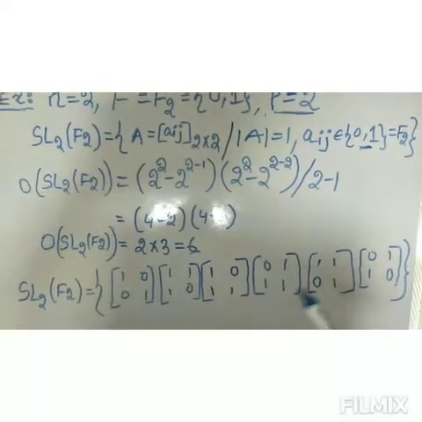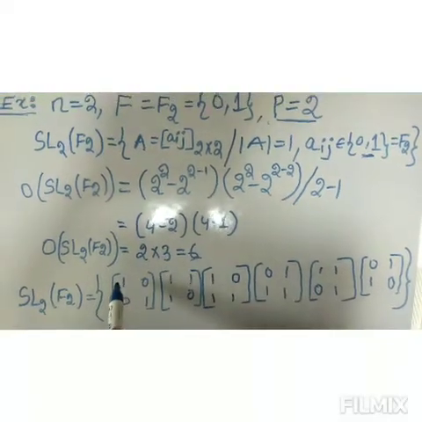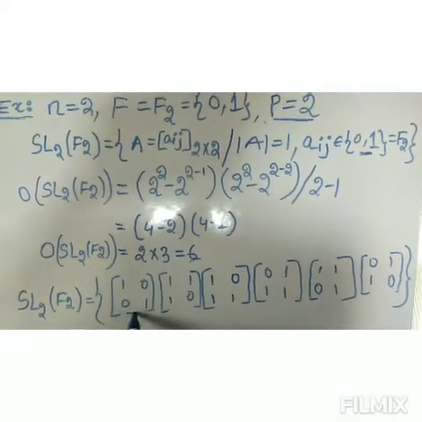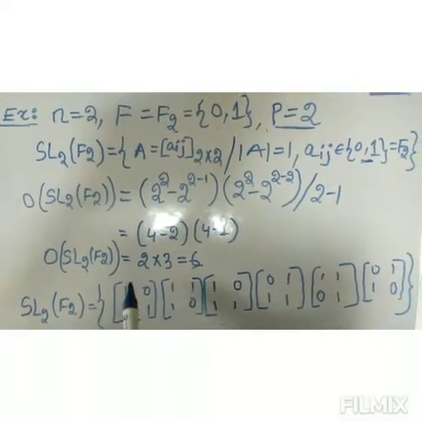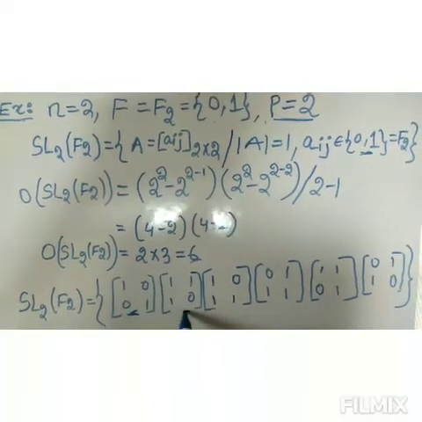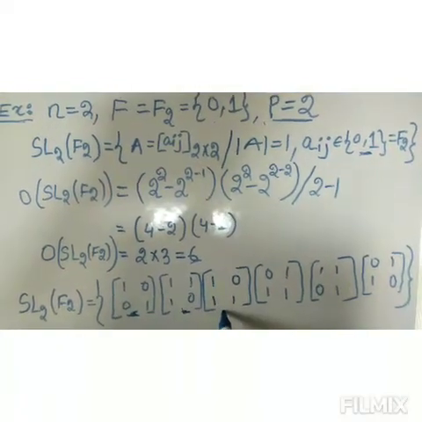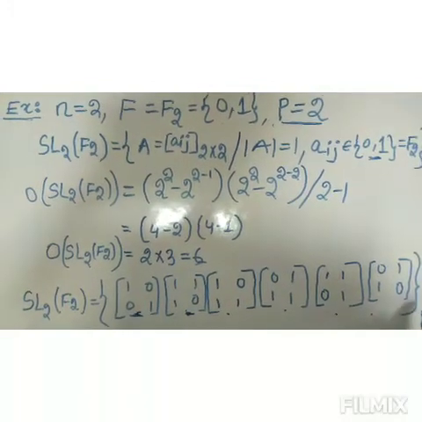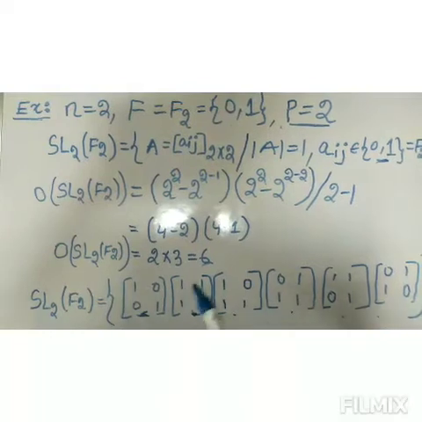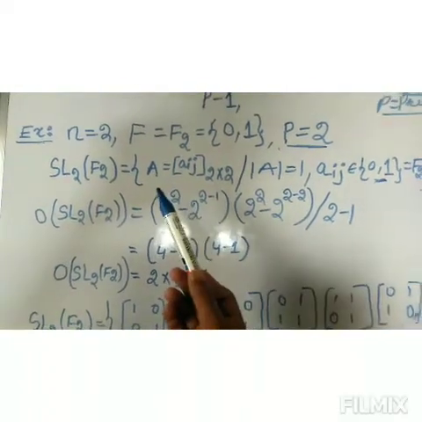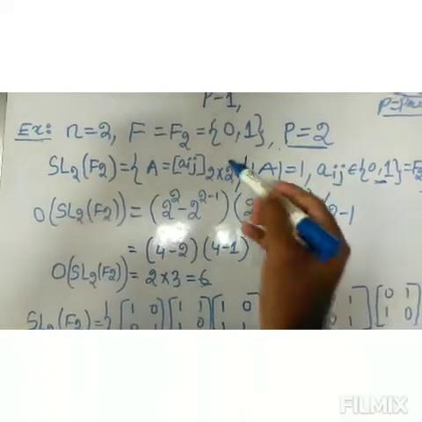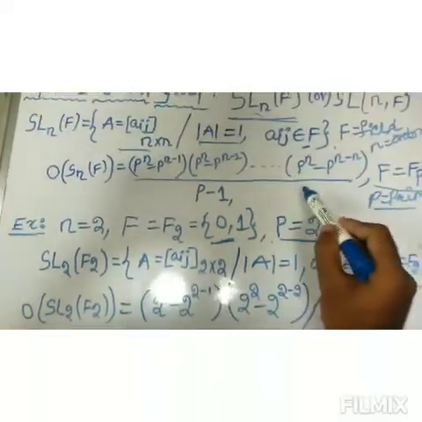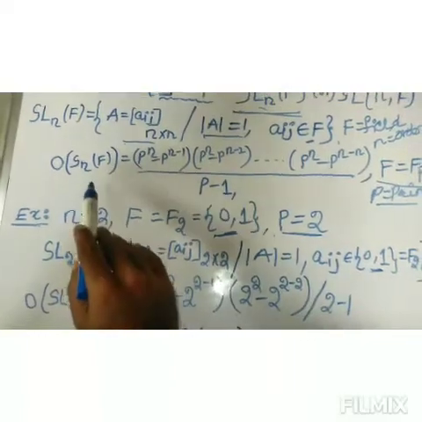This is the identity matrix, and the determinant of the identity matrix is 1. The determinant of this matrix is 1, and of this matrix is 1, and so on. The determinant of all these matrices is 1. So this set contains 6 elements with respect to this field. So this is the formula for the order of this group.